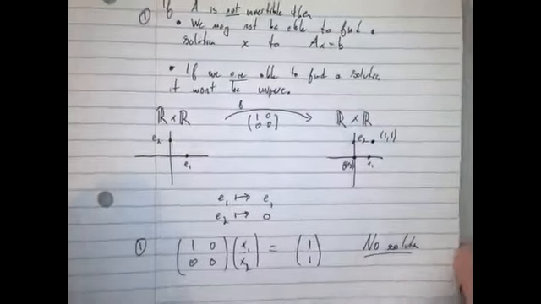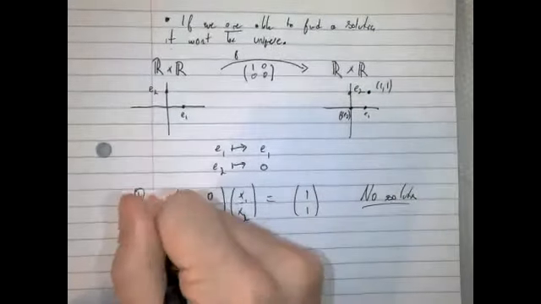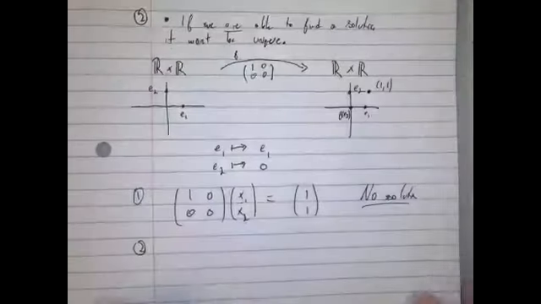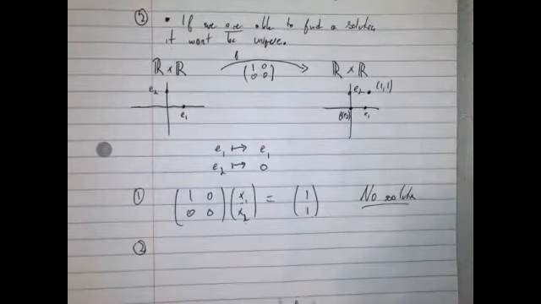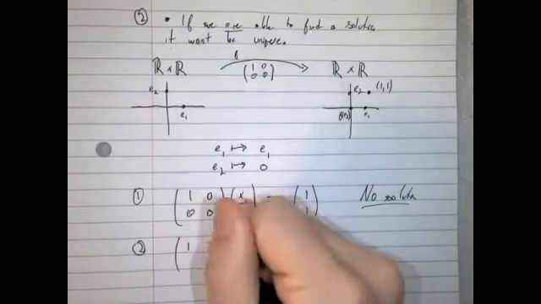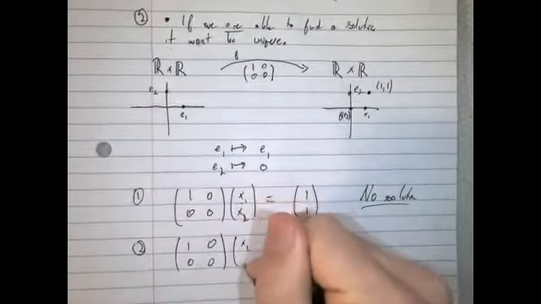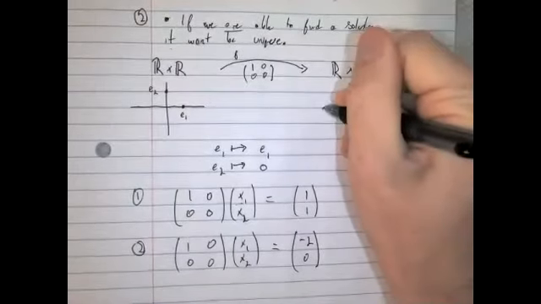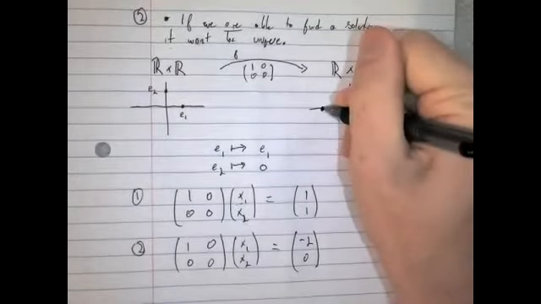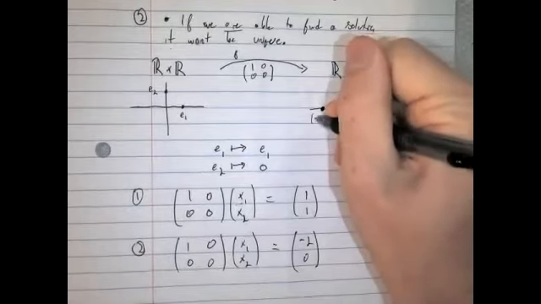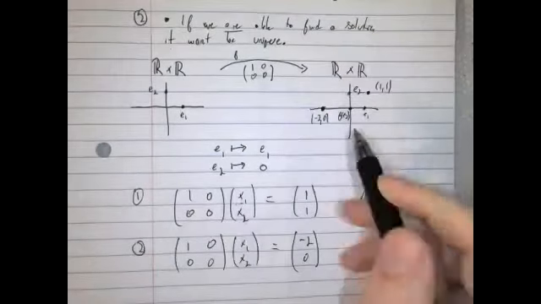The second point is let's find a vector which does have a solution. So 1, 0, 0, 0 times x1, x2 being equal to, let's say, -2, 0. Here I'm looking for vectors which are mapped to the coordinate -2, 0.